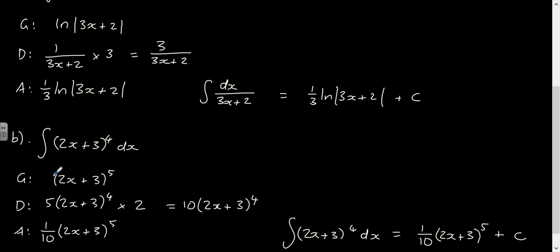So my initial guess could have been 1 over 5, 2x plus 3 to the 5, and then I would have divided by 2 again to give me 1 over 10. But I thought, keep the guess simple: just raise the power by 1 and differentiate, because I know this is always going to give me a numerical factor that I'm too big by, so I then need to divide. I think it's just the simplest way to do it.